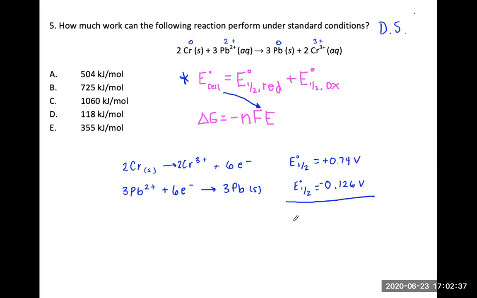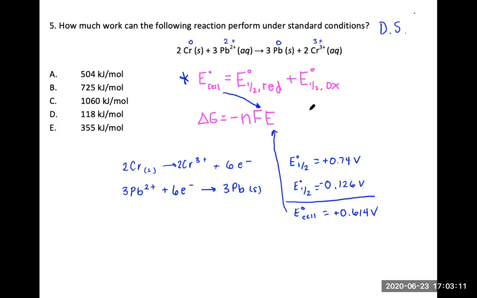By just adding those two together, I will get my overall cell potential to be positive 0.614 volts. Now that's what I'm going to use up here in this equation.